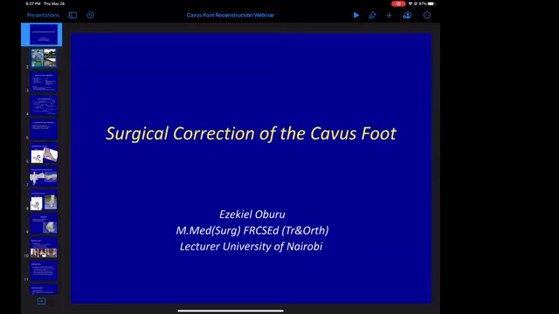When I was a registrar a long time ago at Kenyatta, and when I worked with Dr. Mubila in Kikuyu, we used to do a lot of posteromedial release. There's still a lot of posteromedial release done in patients who present late. But you don't treat a cavovarus foot with a posteromedial release. I think all of us here would agree. It's a totally different pathology.